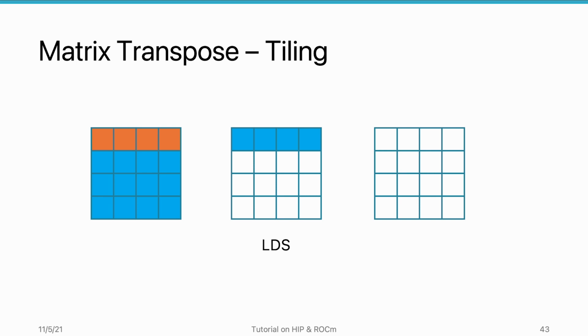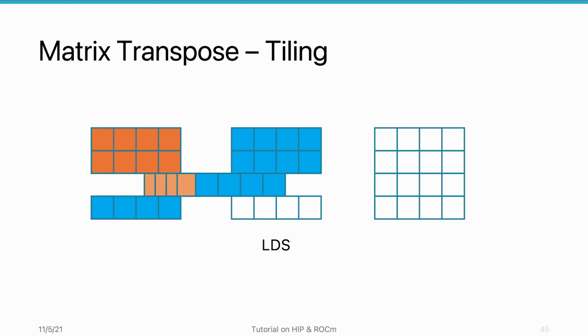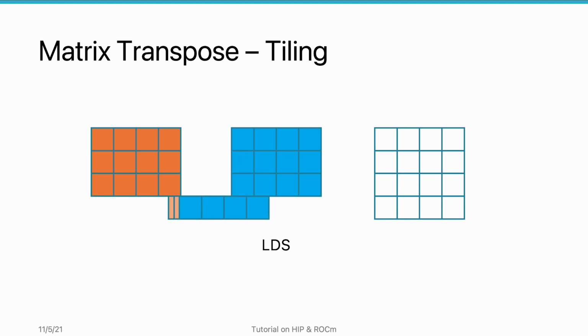So we can load the data from the main memory in a coalesced way and write the data into LDS. And we load all the data into LDS, row by row. At this moment, we have all the data in LDS. So we want to write the data into the output matrix still in a coalesceable way and still row by row. But here we need to perform a transpose operation.